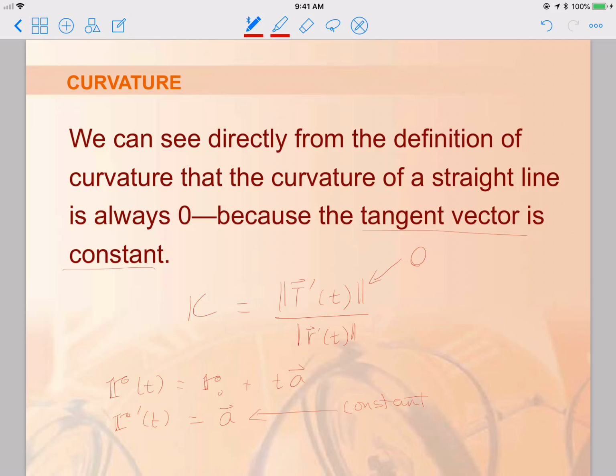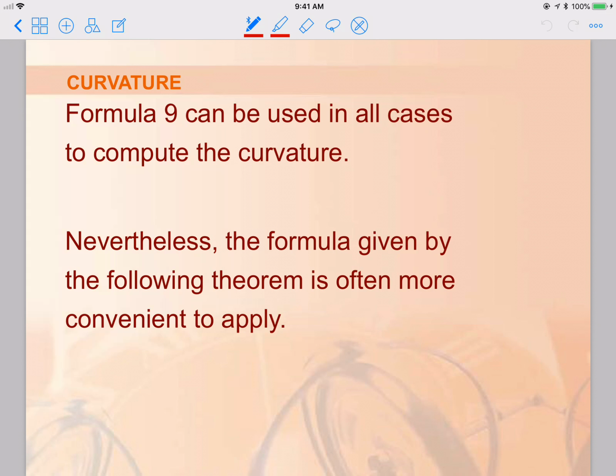So your unit tangent is just going to be a over the magnitude of a. This is still a constant. It has nothing to do with t. So its derivative is going to be 0. Does that make sense? Okay.